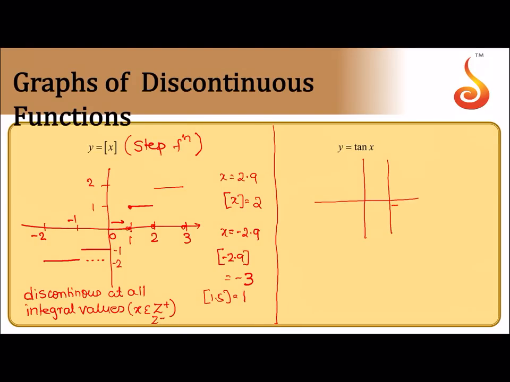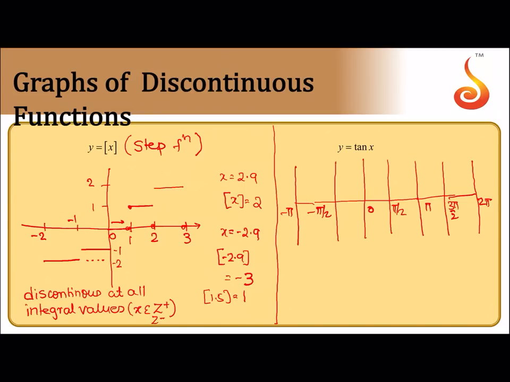Let us take y equal to tan x. We will discuss y equal to tan x now. This line is pi by 2. This line is pi. This is 3 pi by 2. And this is 2 pi.